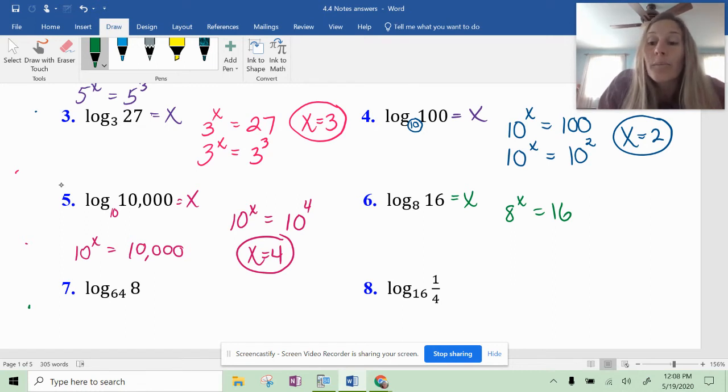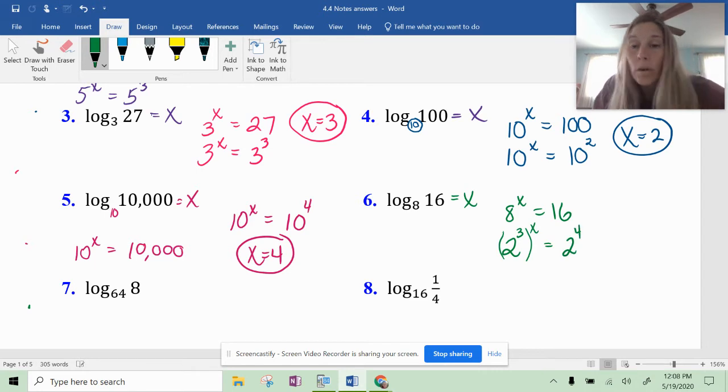So for example, both of them have a base of 2, right? So 2 to the 3rd power is 8. So now this is going to become 2 to the 3rd power to the x. And 16 is 2 to the 4th power. So the idea is to rewrite them so they both have the same base. So now you have 2 to the 3x equals 2 to the 4.